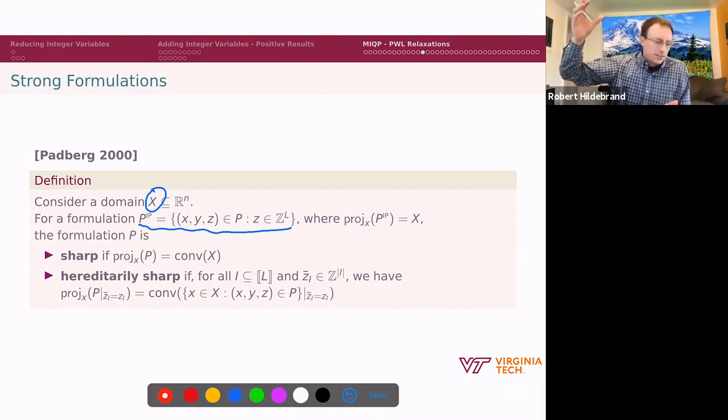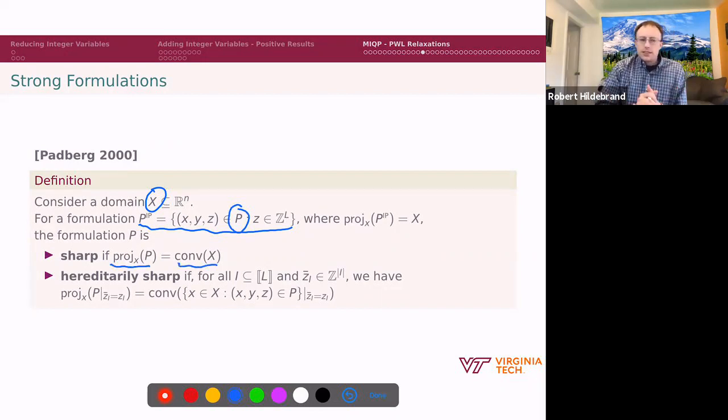And then the question is, what happens when I project just my LP relaxation into the space of the original variables? We'll call it sharp if after this projection, I actually get the convex hull of what I wanted originally.